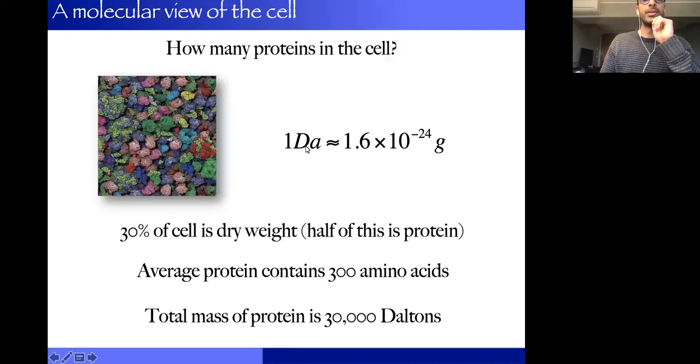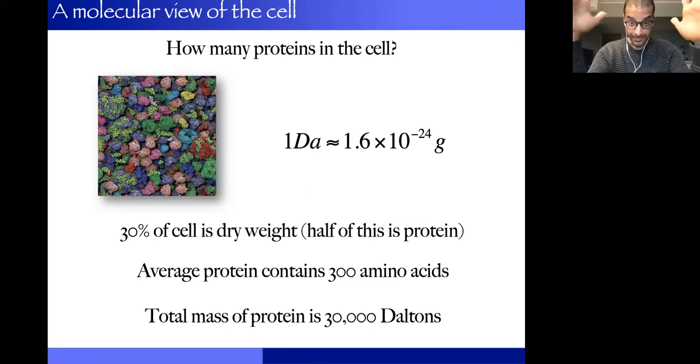Okay, so now we're going to do a little exercise. We're going to take this E. coli cell, and we want to know how many proteins there are in the cell. So we want to make a guess or an estimate of what that is.